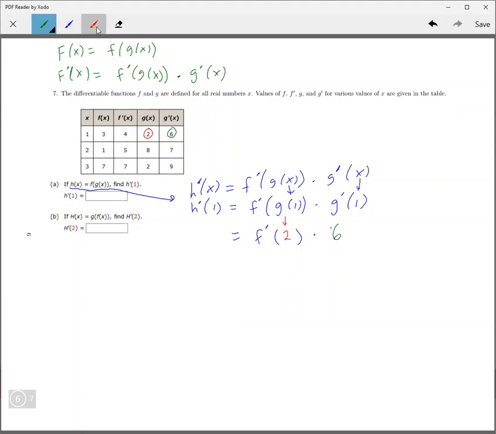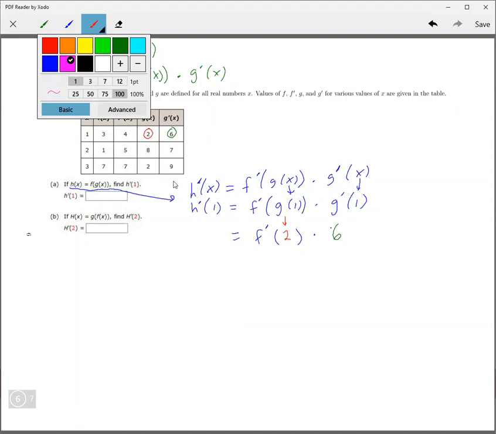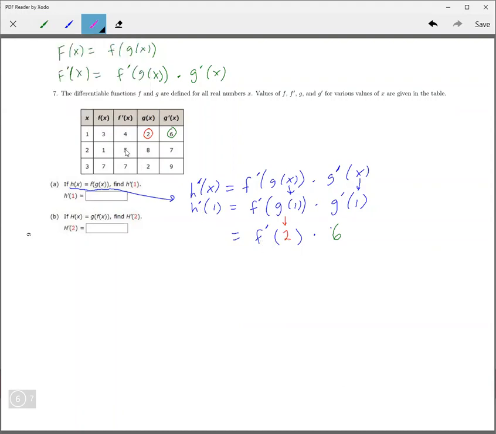And then f prime of 2 is 5. So that's going to be 30.